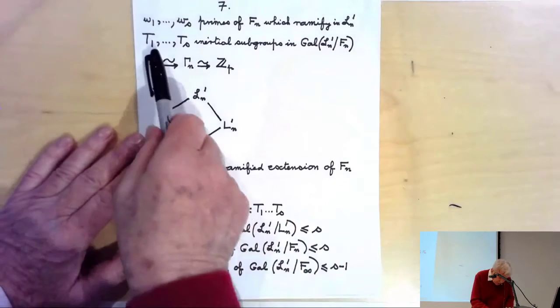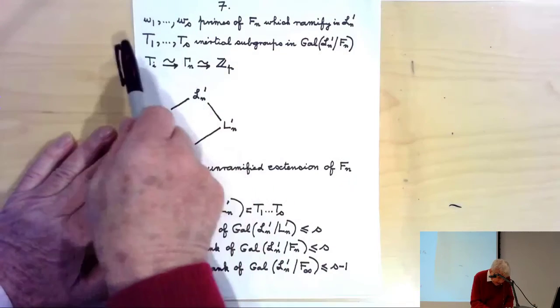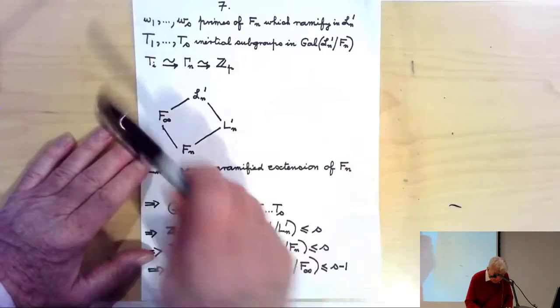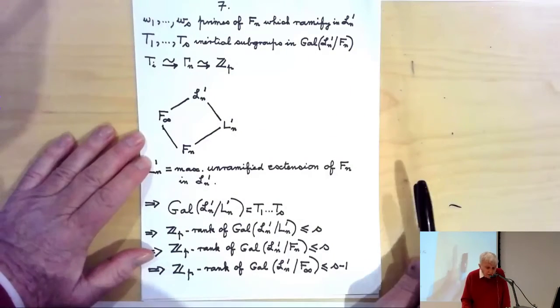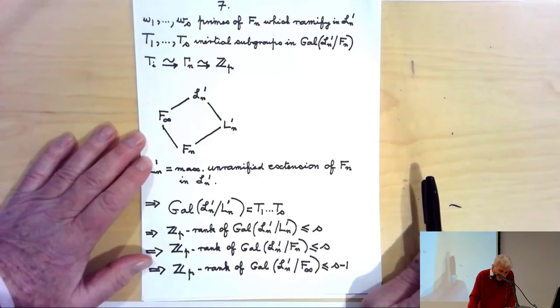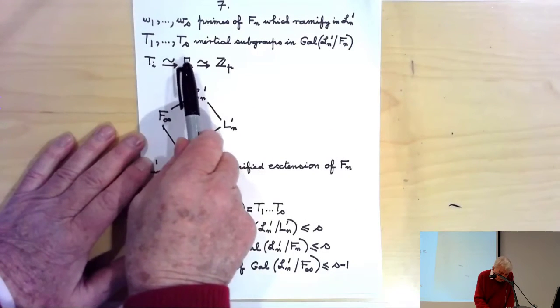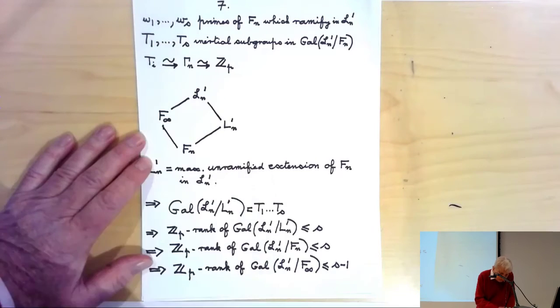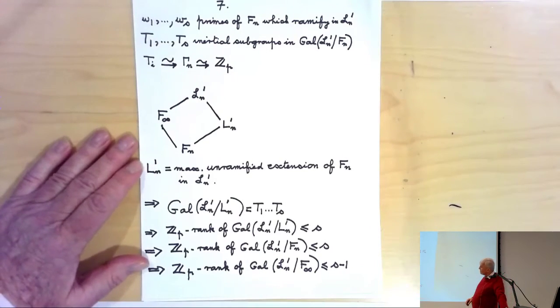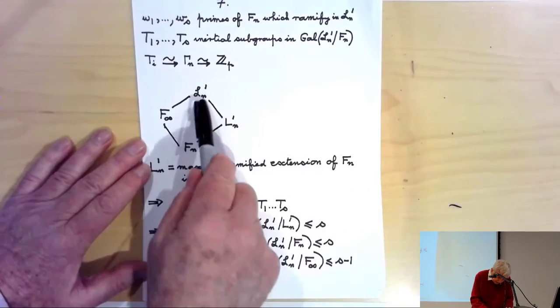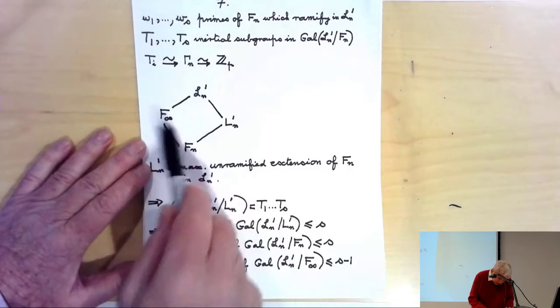This means if I write capital T1 through Ts for the inertial subgroups of these primes in the Galois group of Ln prime over Fn, then in fact the Ti for every i must be isomorphic to gamma n, which is isomorphic to Zp. Remember, we have this picture here like this.